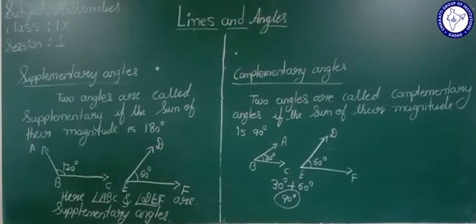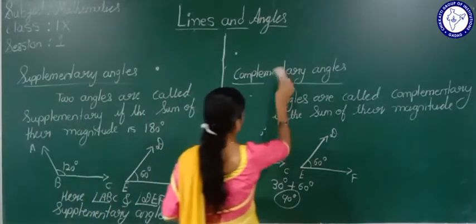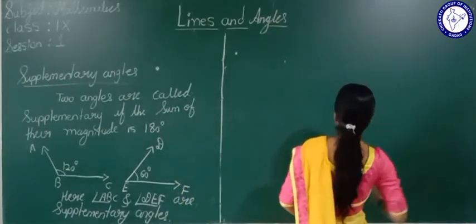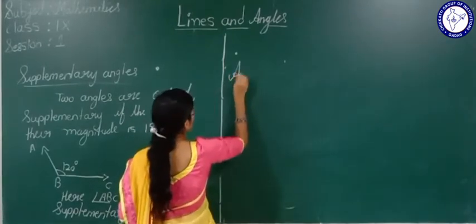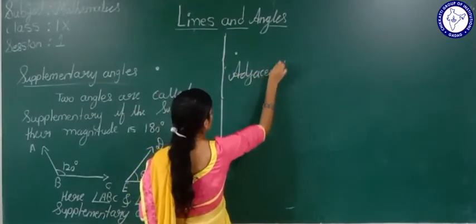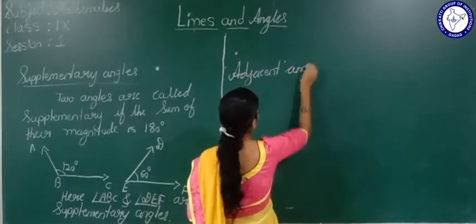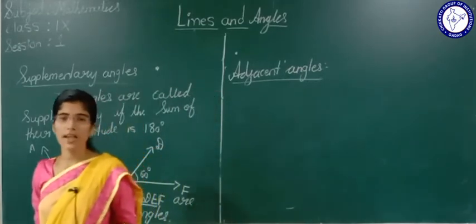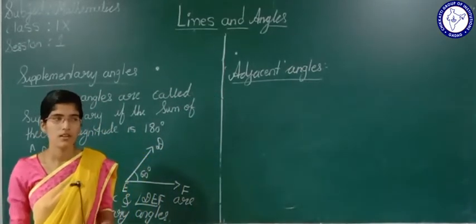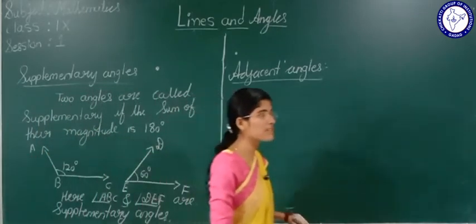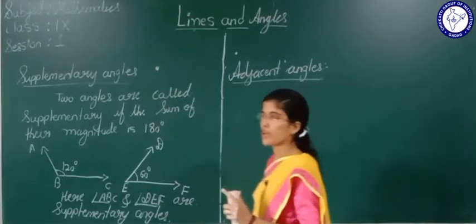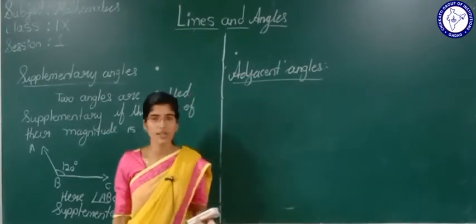So next we will see what are adjacent angles. So the next definition is adjacent angles. See, two angles are called adjacent if they have a common vertex, common arm, and two arms are on the opposite side of the common arm.